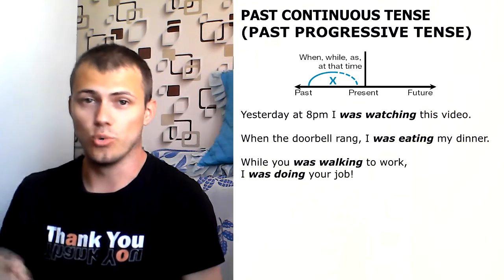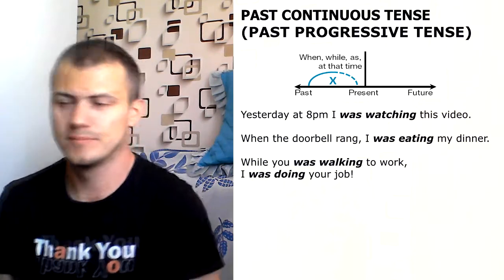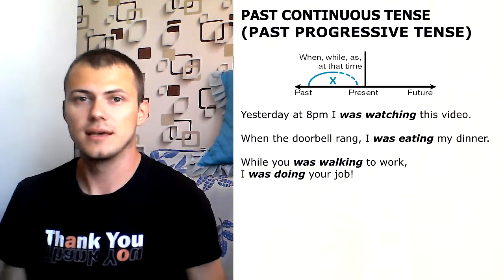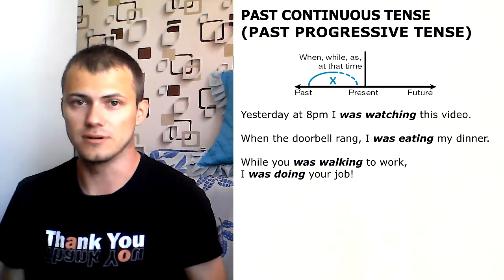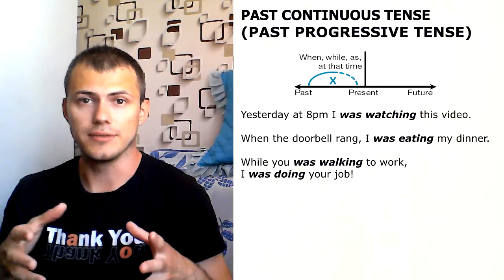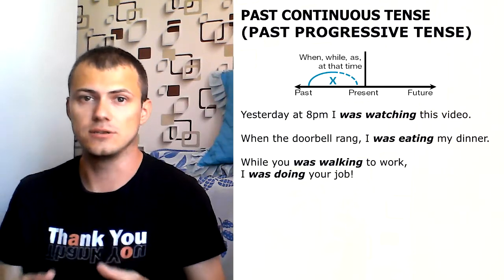While you were walking to work, I was doing your job. So as you can notice from these examples, the structure of the past continuous tense is very similar to the structure of sentences in which we use the present continuous tense.